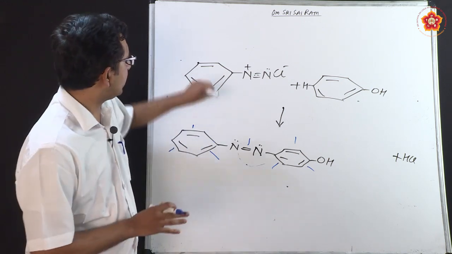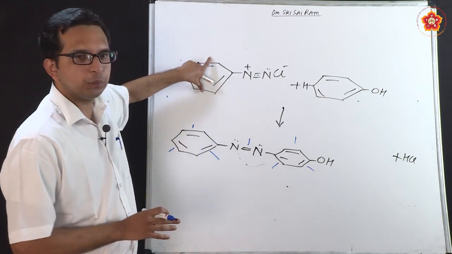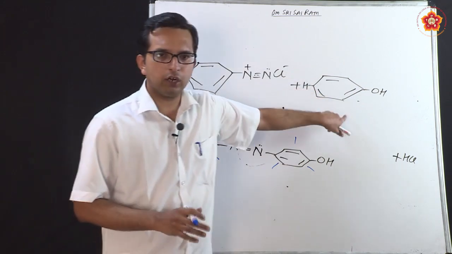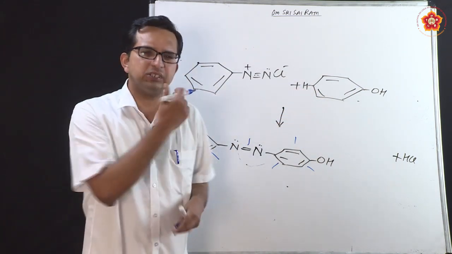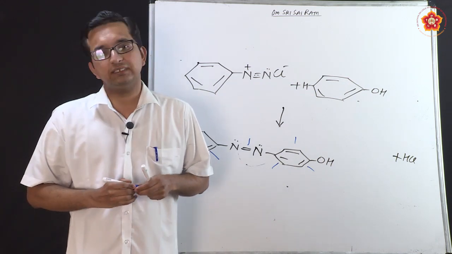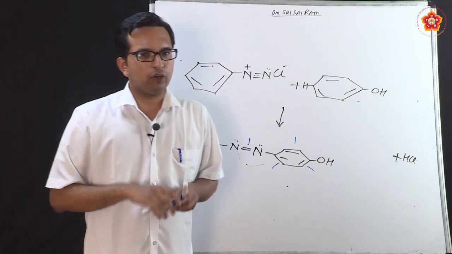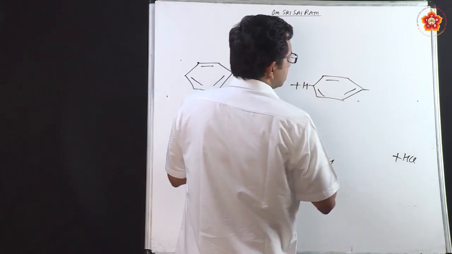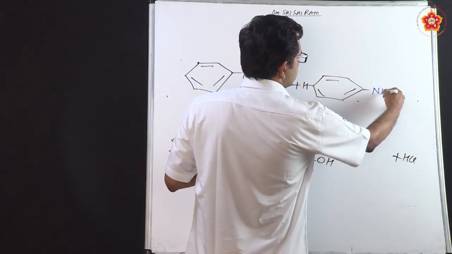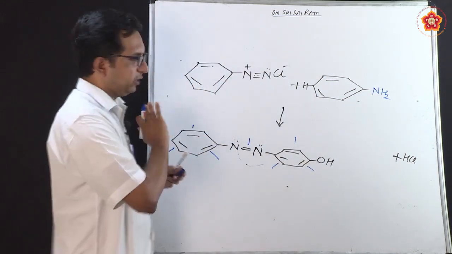So this was one dye formation where we used benzene diazonium chloride and phenol. Remember, phenol is acidic, but can these benzene diazonium chlorides react with bases? Now the same phenol, when I take an example of a base where the OH which is there, let me replace it by NH2. Exactly the same reaction.